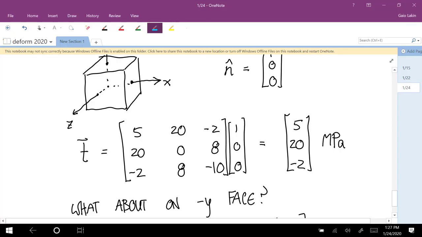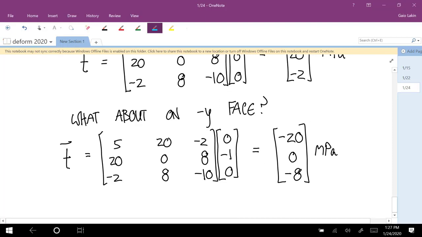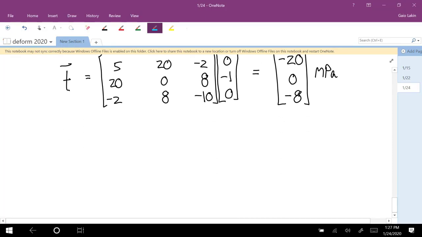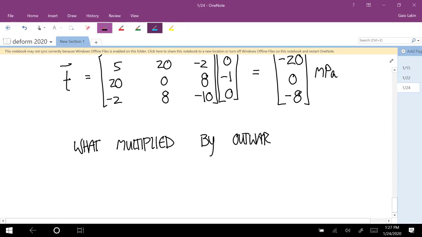But still, that isn't too earth-shattering. But the next thing is what makes this really useful. So what if you multiplied by an outward facing normal at some odd angle?